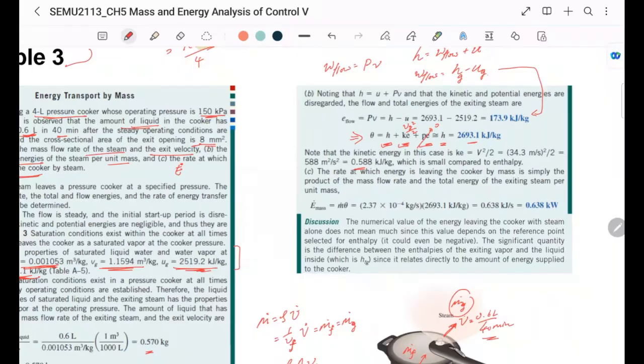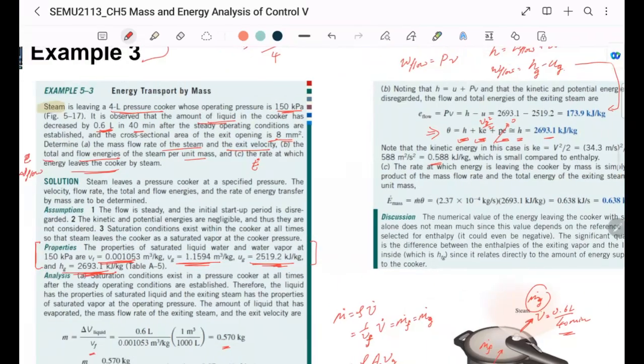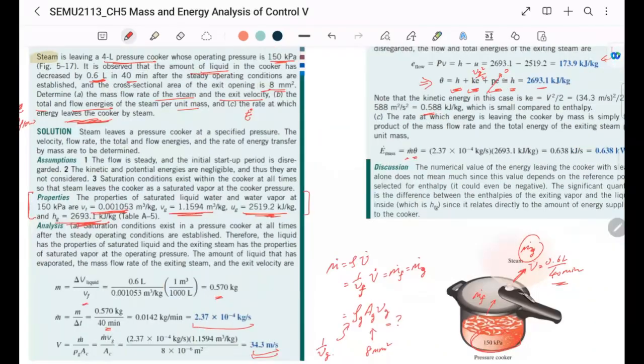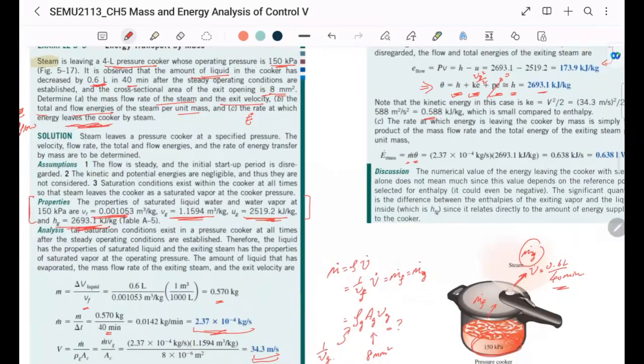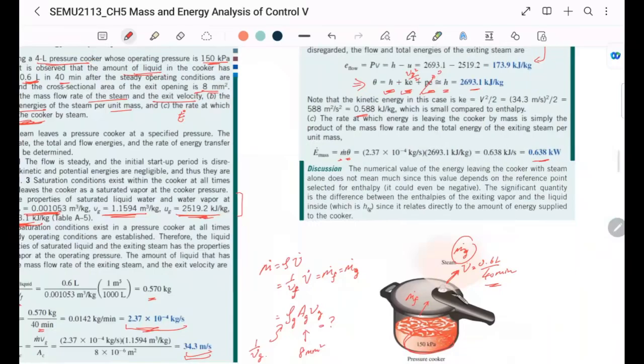And then the rate at which energy is leaving the steam cooker by steam is basically this theta multiplied with the flow rate that we calculated earlier. Then we get the actual kilowatts of energy, the rate of change of energy leaving this pressure cooker through the steam, basically.